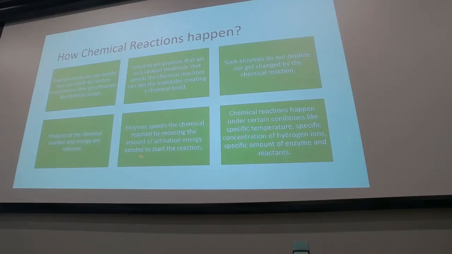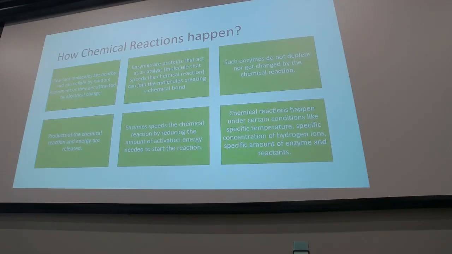And then enzymes reduce the amount of activation energy needed to start the reaction. And again, as I said before, you can still have a chemical reaction, but it will happen slowly if you don't have the enzyme.